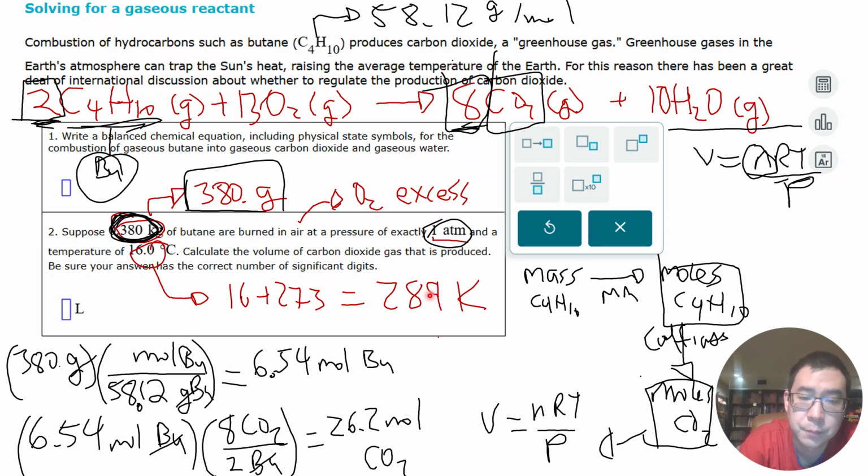My temperature, and divide it by my pressure, which is 1, and I'm going to get my volume. All right. Okay, so I'm going to erase my work down here because I'm out of space, obviously.